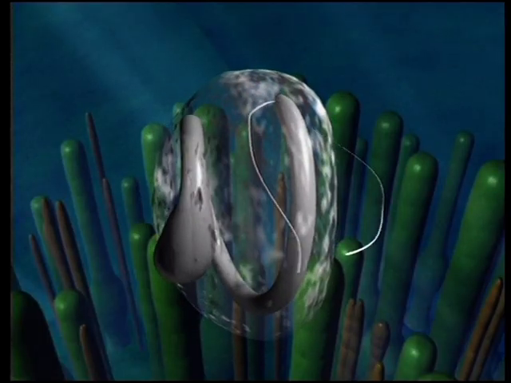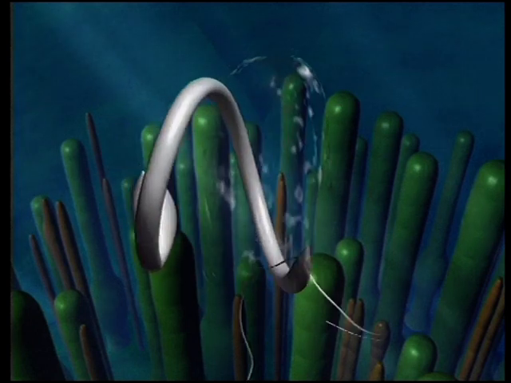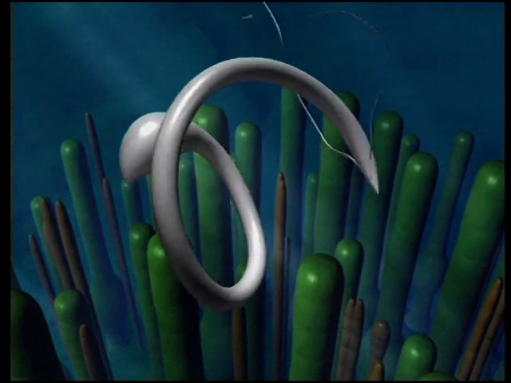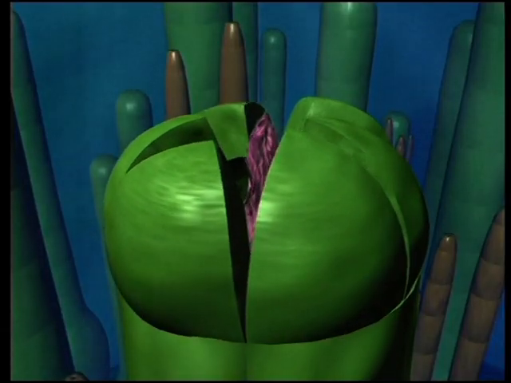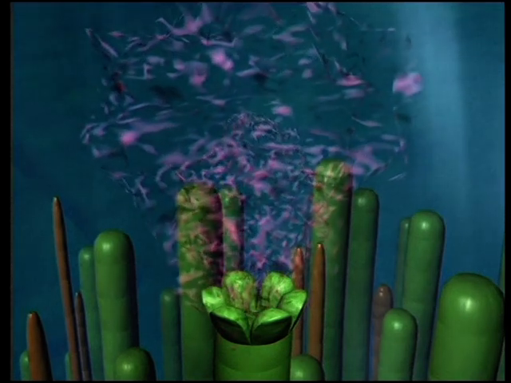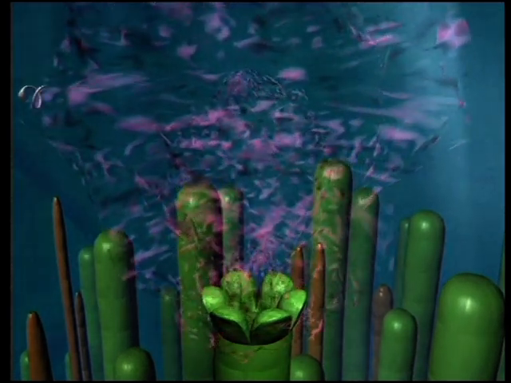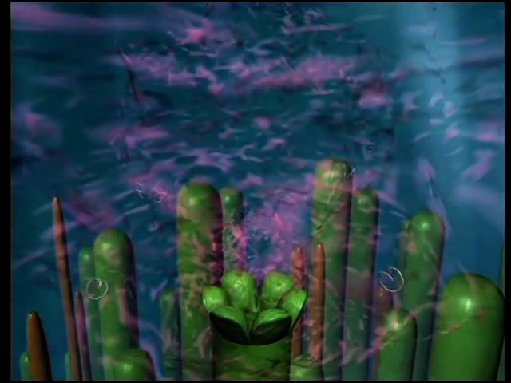The sperm now escape from their surrounding membrane and use their flagella to move about in search of an egg. The archegonium now opens and releases the sperm attractant. The sperm swim towards the source of the attractant and into the opening.